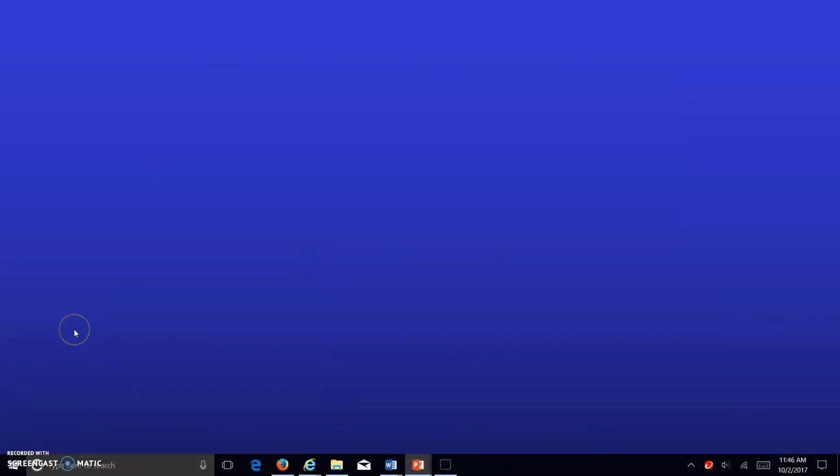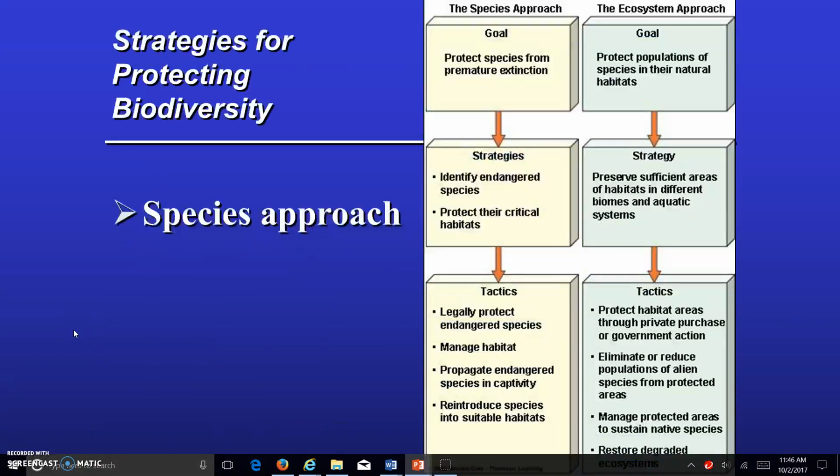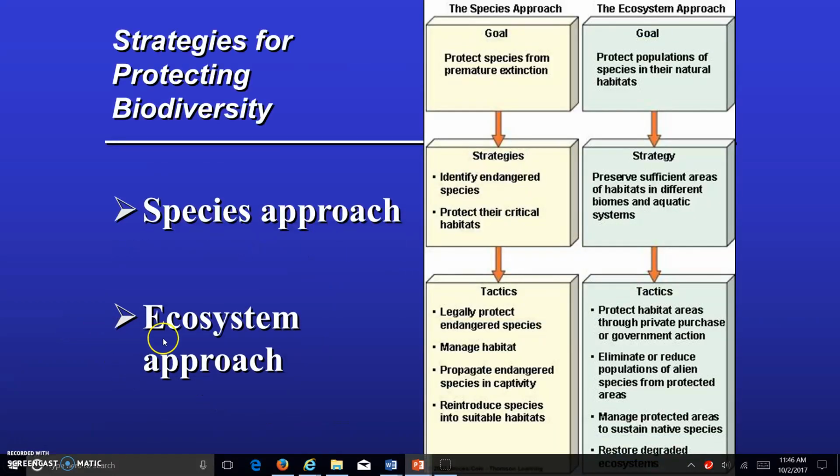So, some strategies for protecting species include the species approach, where you protect the species from premature extinction by identifying that species as a threatened or endangered species and then protecting habitats associated with that species.